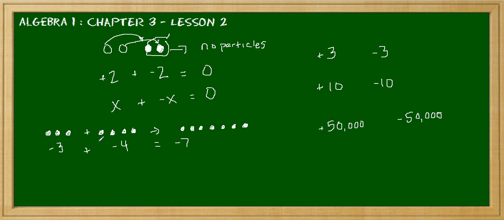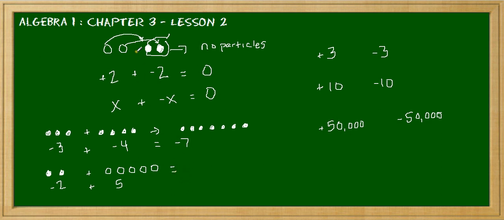Let's take a look at example number 2. What is the sum of negative 2 and positive 5? So let's go ahead and look at the antiparticles of negative 2. So we have negative 2, and we're adding positive 5: 1, 2, 3, 4, 5, right? So negative 2 plus 5, and that would yield, well, let's take a look.